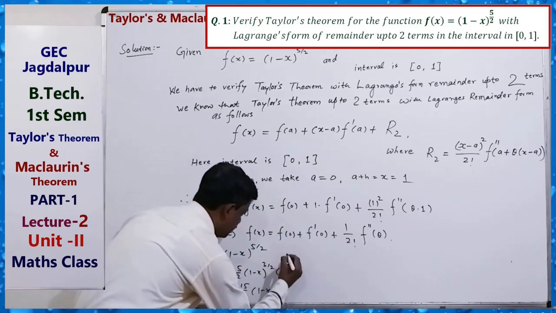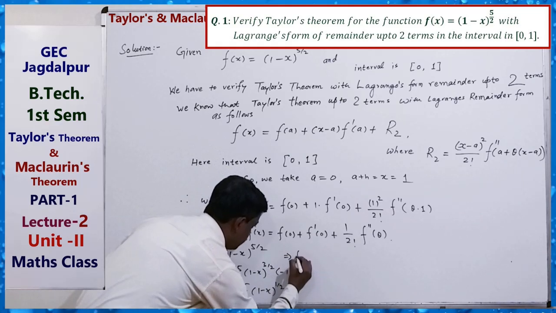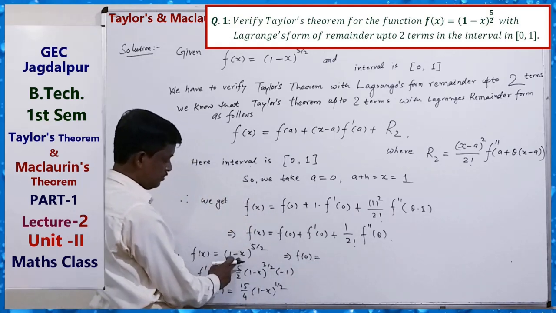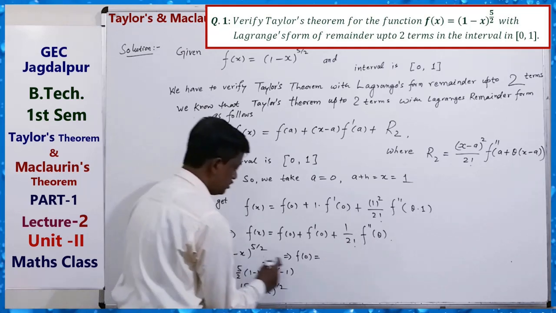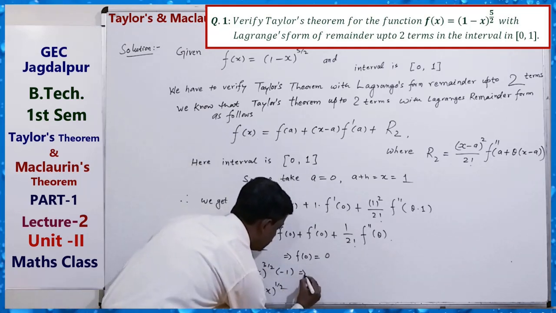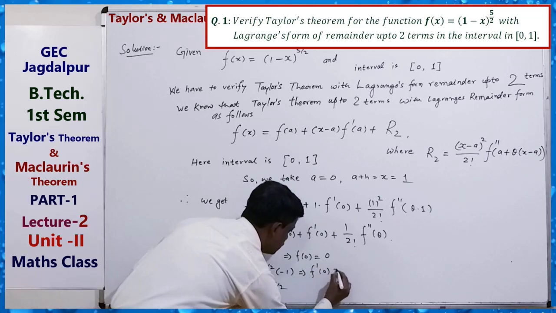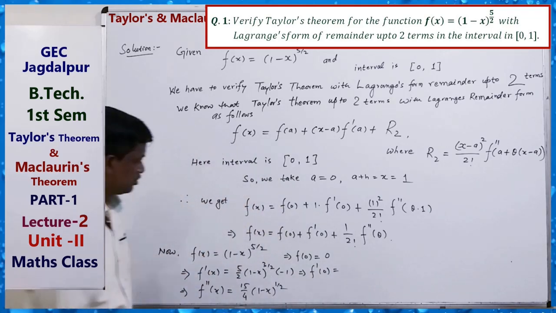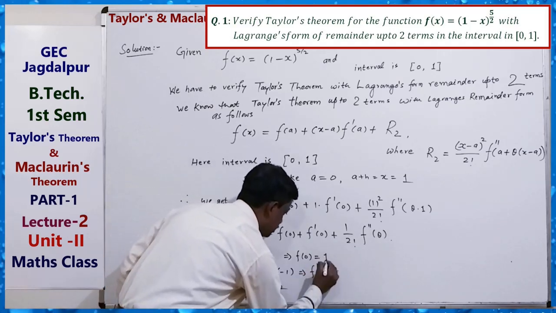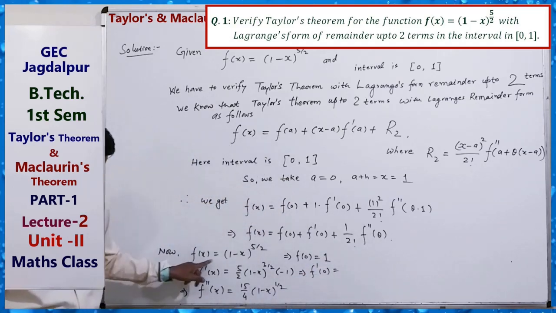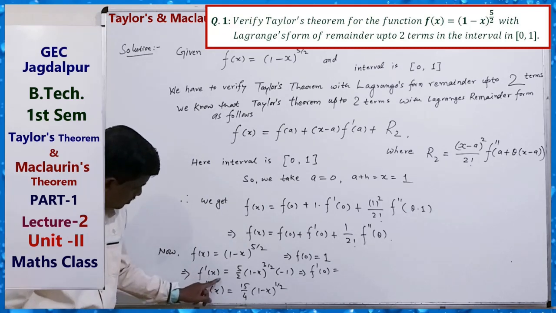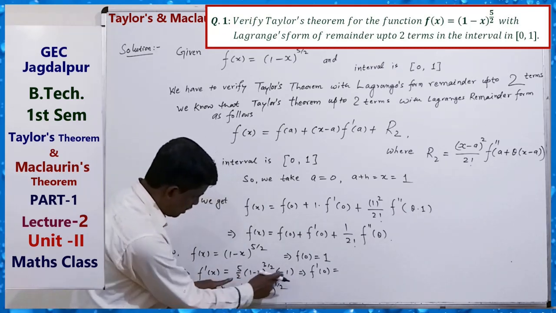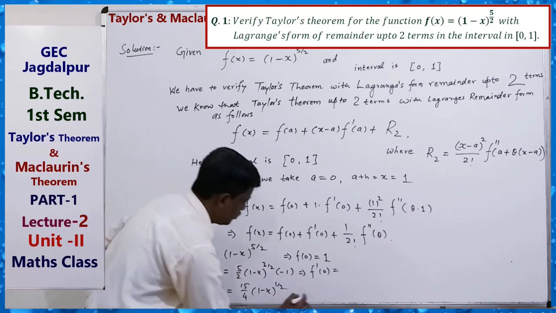So f(0) equals, sorry, f(0) equals 1. f dash 0 equals minus 5 by 2.